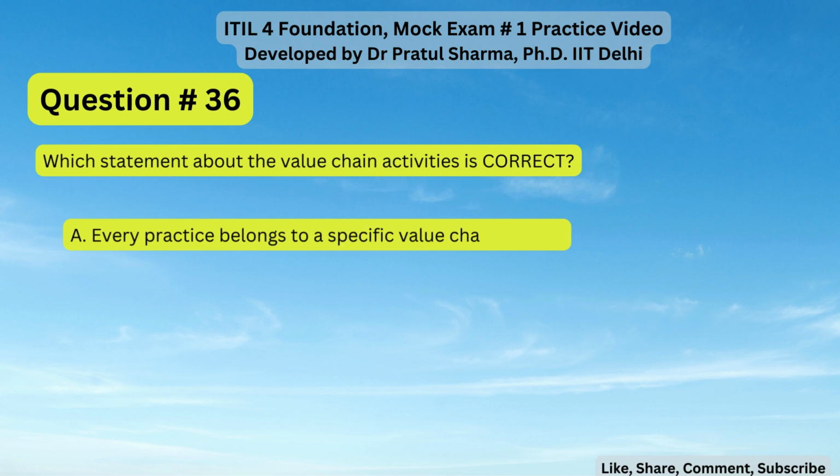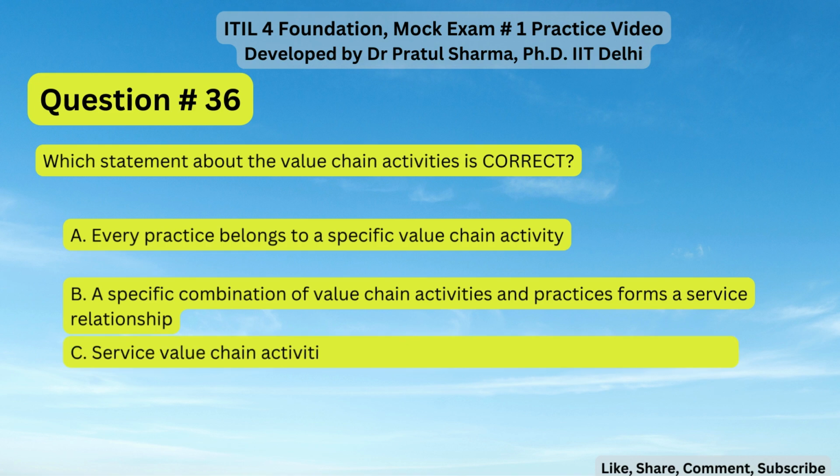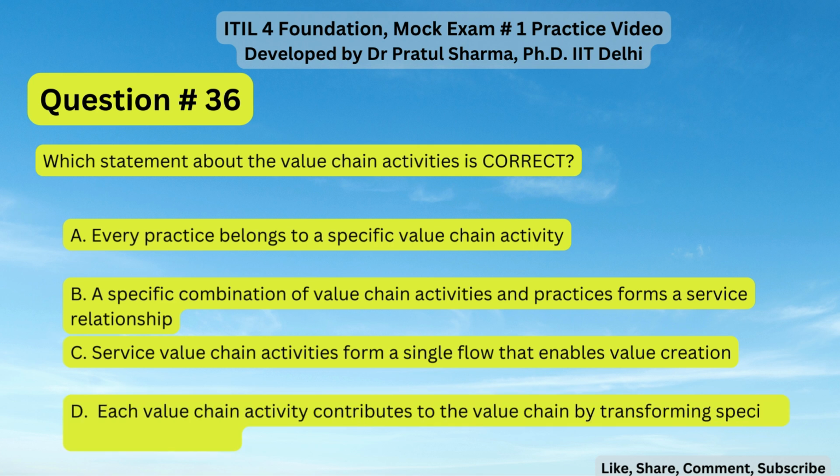Question number 36. Which statement about the value chain activities is correct? A. Every practice belongs to a specific value chain activity. B. A specific combination of value chain activities and practices forms a service relationship. C. Service value chain activities form a single flow that enables value creation. D. Each value chain activity contributes to the value chain by transforming specific inputs into outputs.